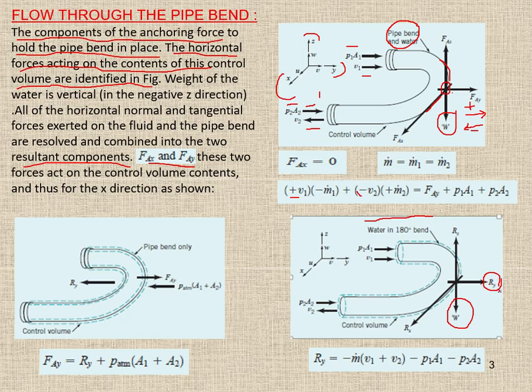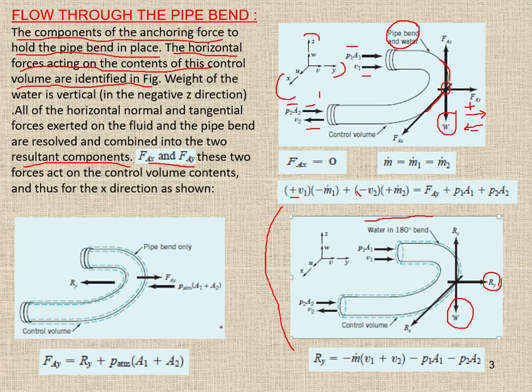The magnitude is exactly the same as the force exerted by the solid surface of the pipe bend. If you open up, you will end up with the same equation. If you take this to the other side and take minus common, minus m dot (V1 plus V2), minus P1 A1, and minus P2 A2, then Ry will become equal to this. So these two are almost the same equation.